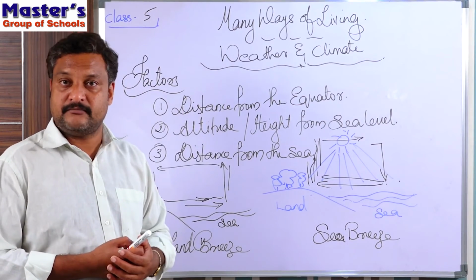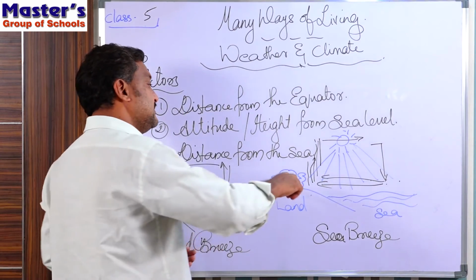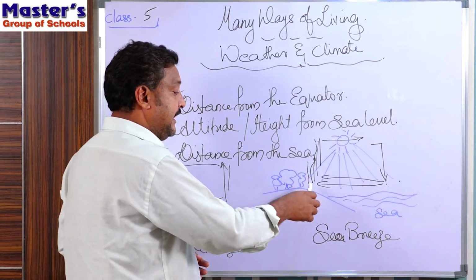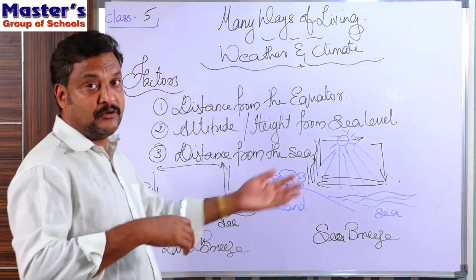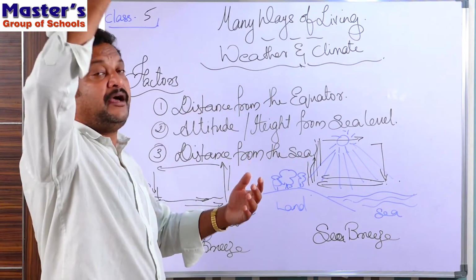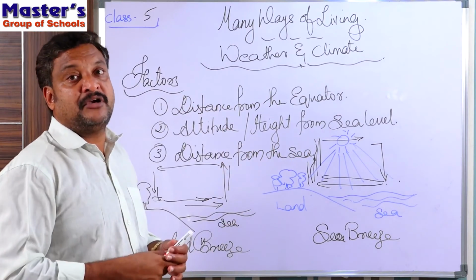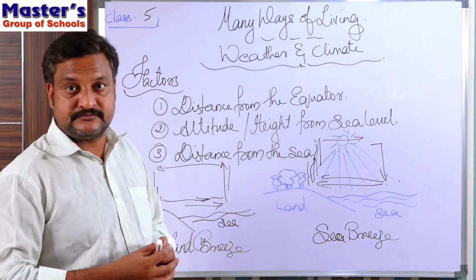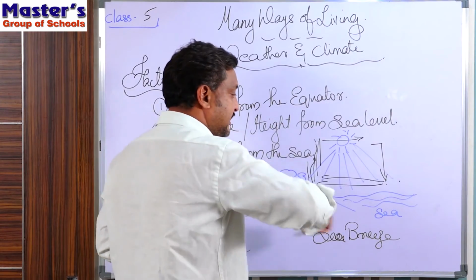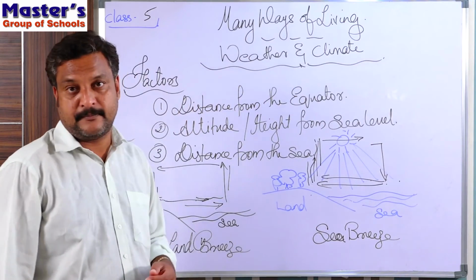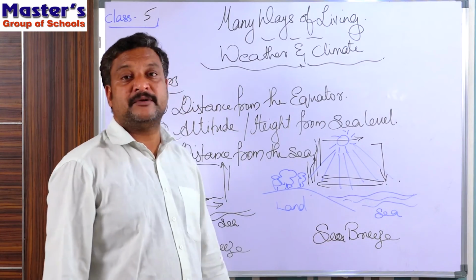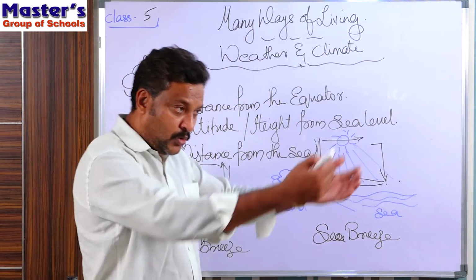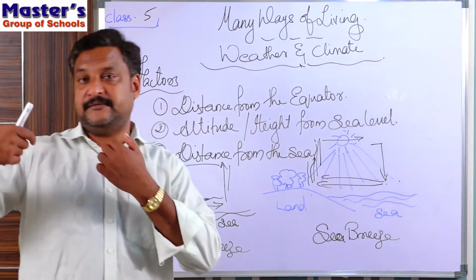And this happens in a cyclic process, because the air that rose up above the land, as it goes high, becomes cooler, because temperature decreases as we go up in altitude. So this continues in a cyclic process during the daytime, and that is called the sea breeze because the breeze is flowing onto the land from the sea.